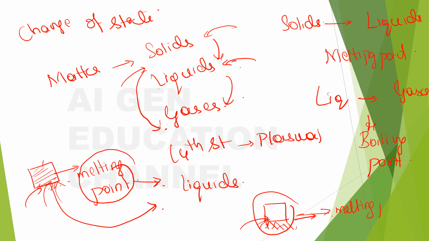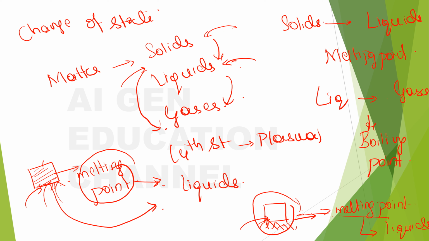When the solid reaches the melting point, it starts getting converted into liquid, right? So during this conversion, at this point where the solid after reaching the melting point gets converted into liquid, whatever heat you are still supplying won't increase the temperature of this solid anymore.